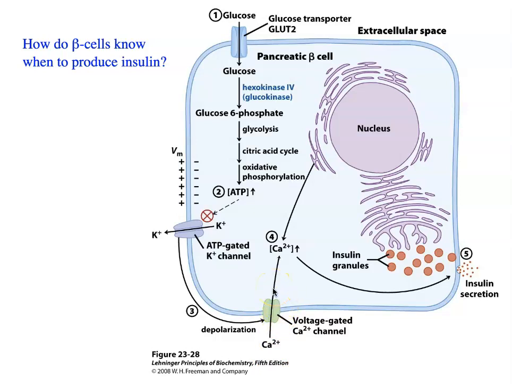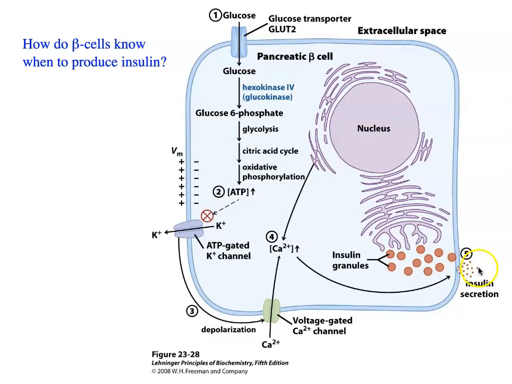Someone would say, why is that important? Well, apart from the calcium influx into the cell, the beta cell also produces insulin, which is basically stored in these insulin granules. But these granules cannot exit the cell.